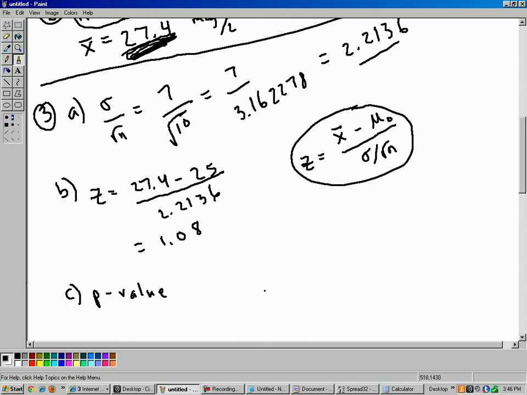So the whole idea here is my sampling distribution is a normal curve. Assuming the null is true, 25 is right in the middle. 27.4 is up there. Oh, by the way, one more thing.